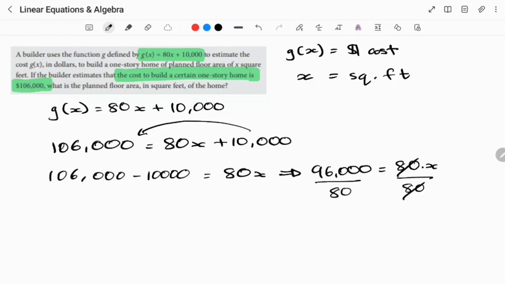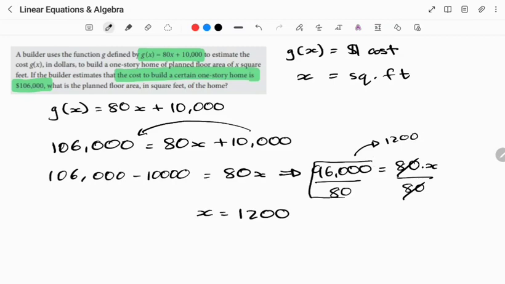The opposite of multiplication is division, and if it was division, we would multiply both sides. So in this case, since it's a multiply, we're dividing both sides. Now we'll go ahead and solve the division. 96,000 divided by 80. This is 1,200. So our final answer is going to be x is equal to 1,200.